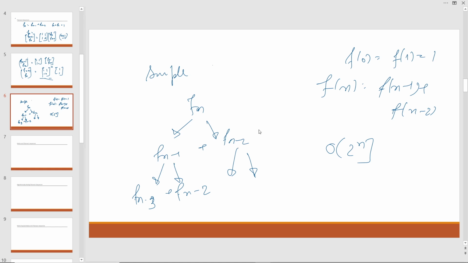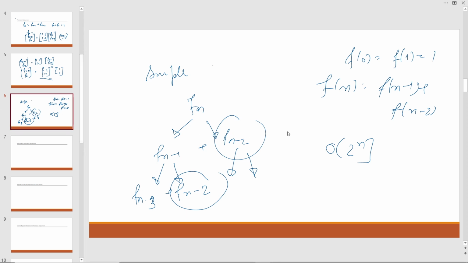Since we are using f_{n-2} twice here, we can store it in an array, and then we don't compute f_{n-2} twice. We just create a stack that stores f1, f2, f3, and so on up till f_n, and then we just use it. That is the concept of dynamic programming.